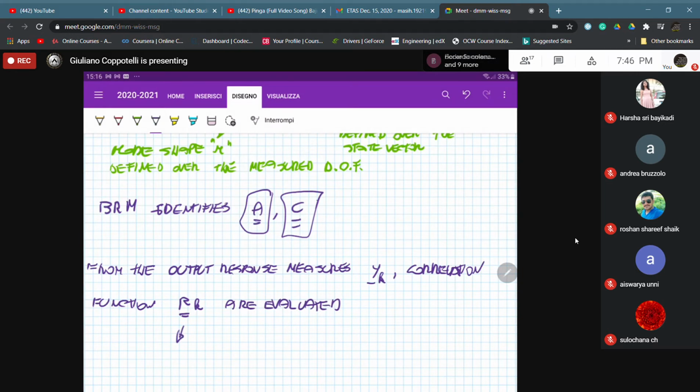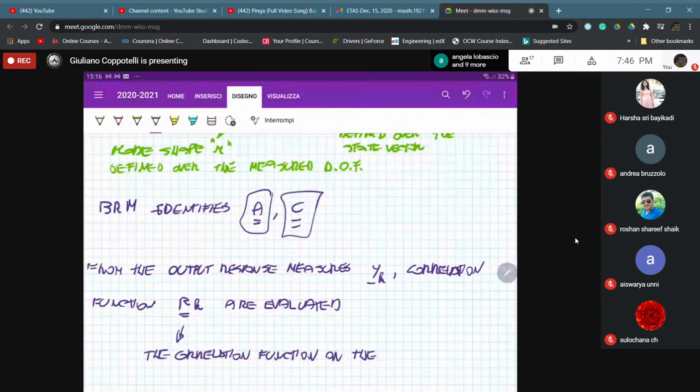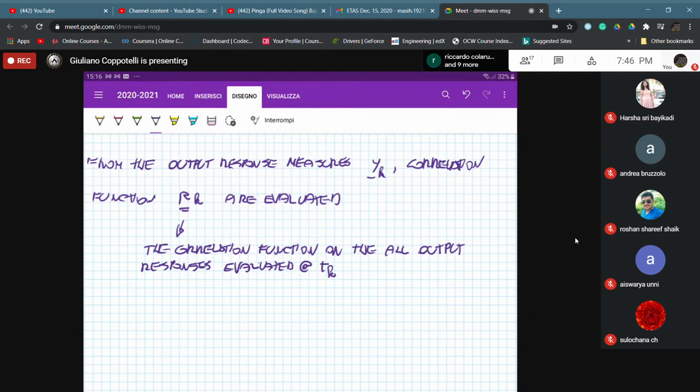This correlation function means that it is the correlation function on all output responses evaluated at time tk.